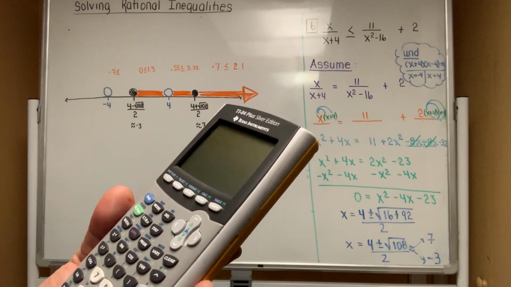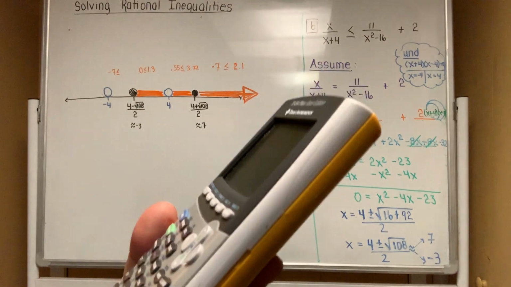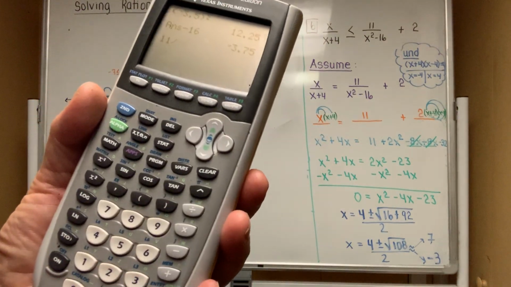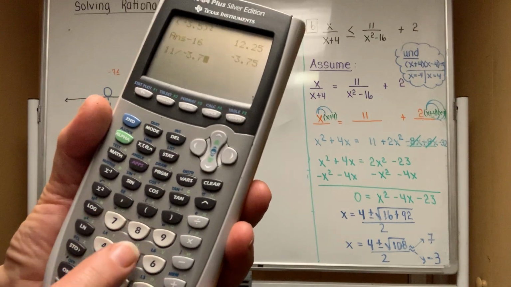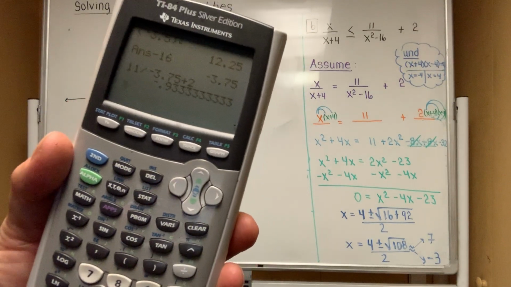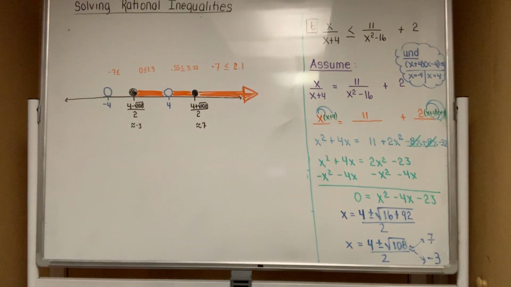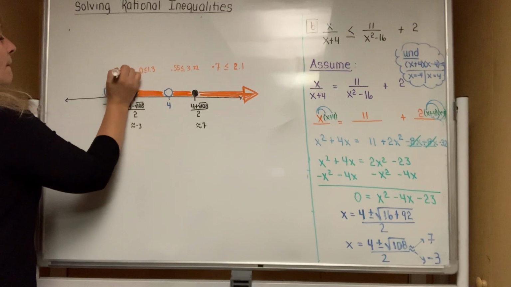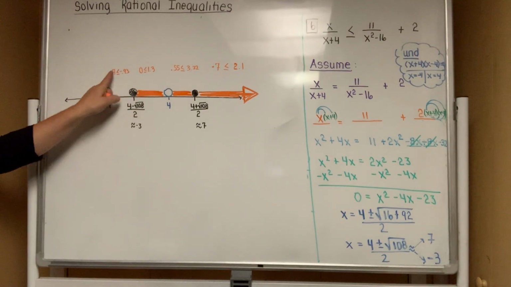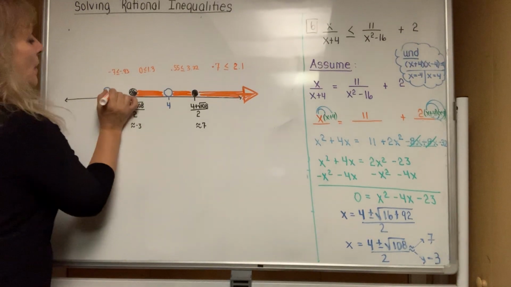When I subtract 16, that denominator is going to be negative 3.75. So I'm going to type in 11 divided by negative 3.75 and then plus 2 at the end. When I finish that, my answer is going to be negative 0.93. Guys, that's true. When both numbers are negative, the one that looks smaller is actually the larger number.